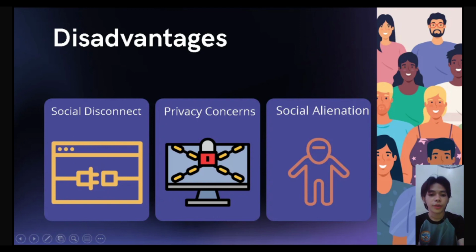The third one is social alienation. What is alienation? Alienation occurs when a person withdraws or becomes isolated from their environment or from other people.